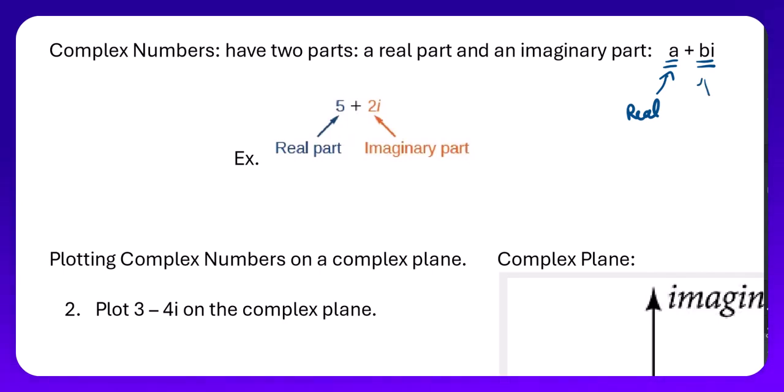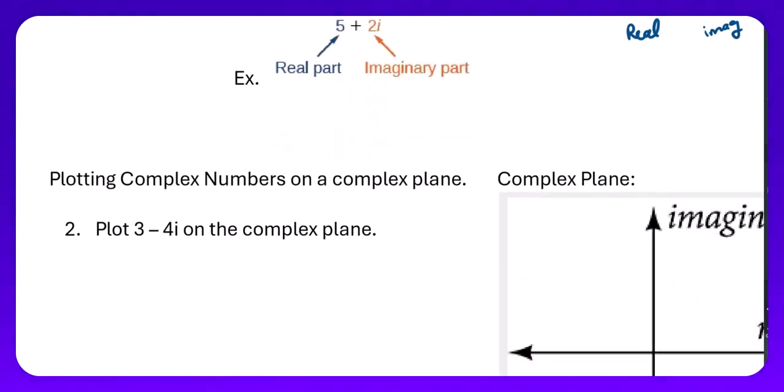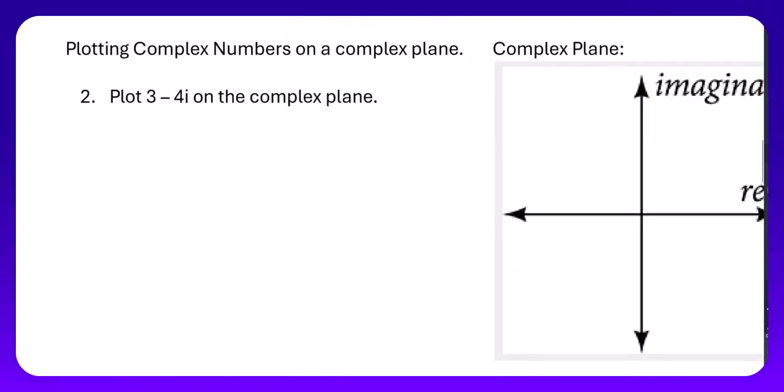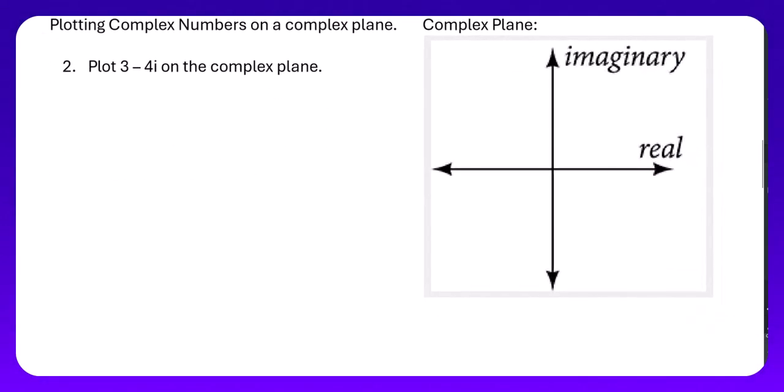And then we add the imaginary part on the back end of it. So if you saw the number 5 plus 2i, 5 is the real part and positive 2i is the imaginary part.